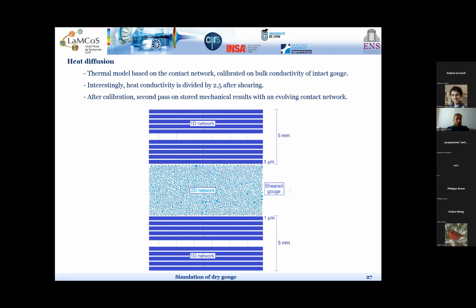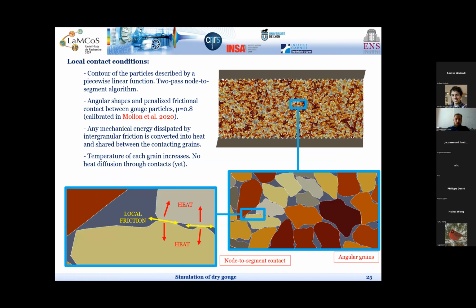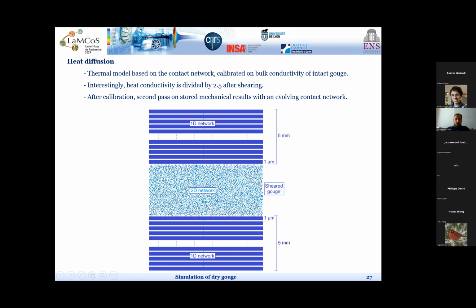We are interested in melting, so we need some heat diffusion inside the gouge. I told you before that we are recording the heat creation inside each grain. We also can put some heat diffusion between the grains through their contacts by building some kind of thermal network here.